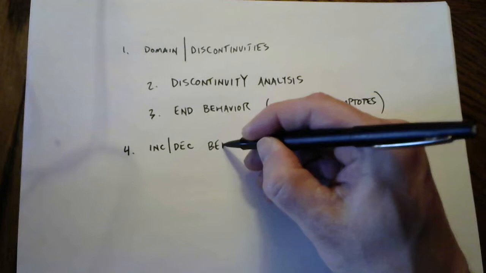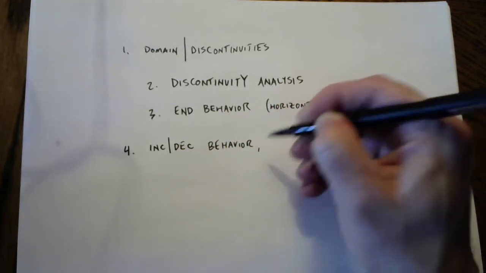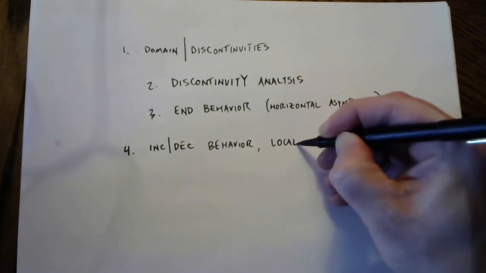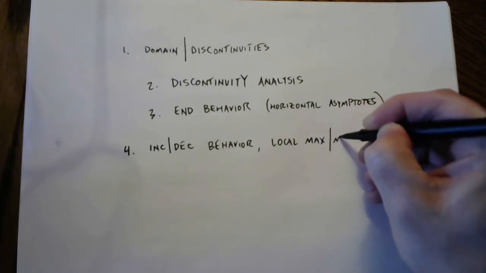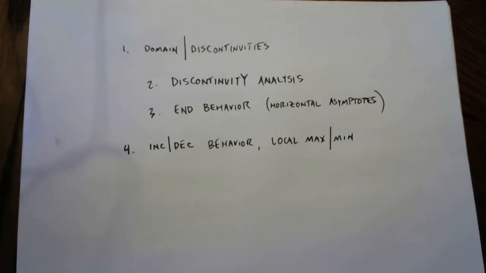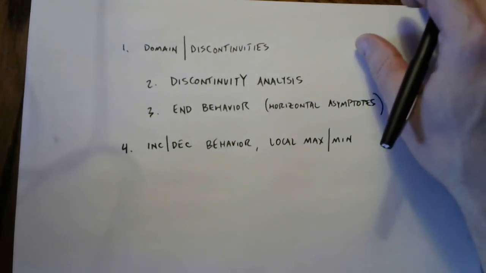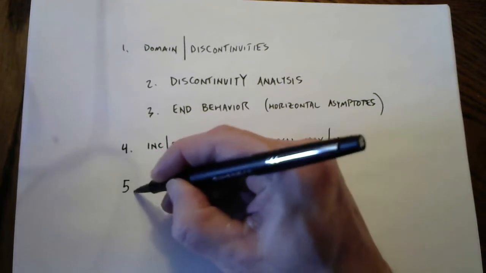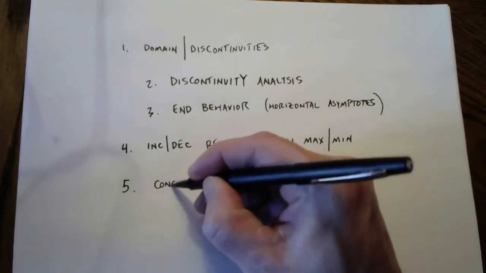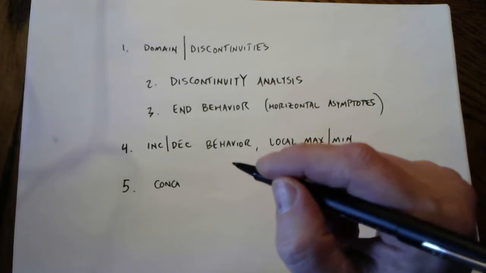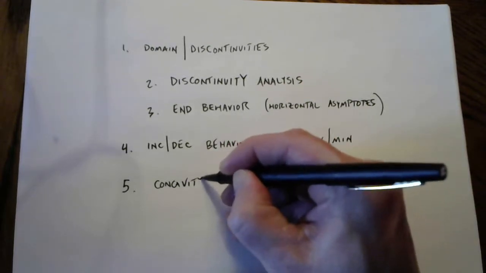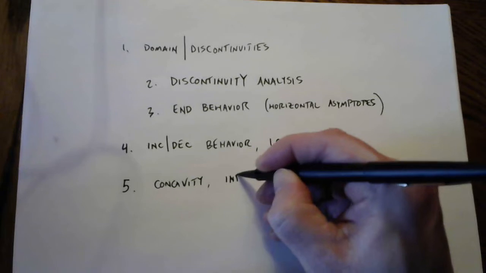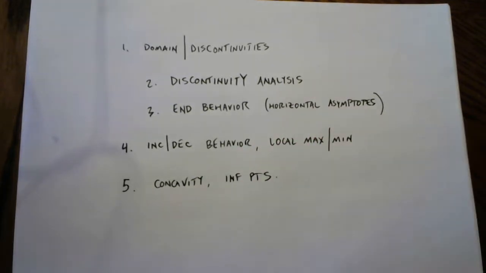What intervals? And we locate local max and min. And for some functions, particularly polynomials, we might ask for intervals of concave up and concave down. And with that, of course, inflection points, changes in concavity. Okay, so again, any of these could be asked for with any type of function.